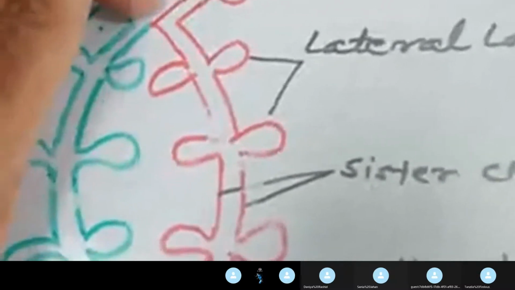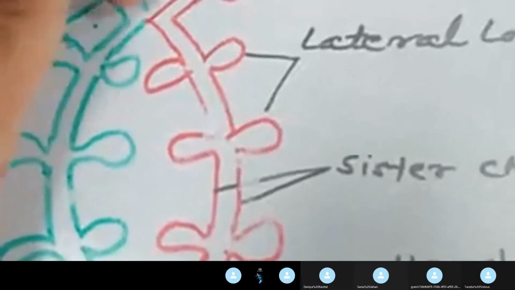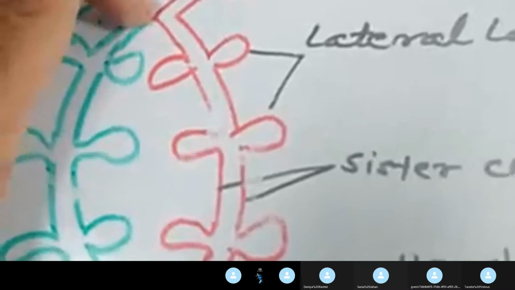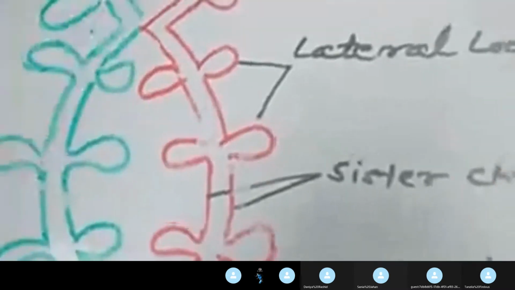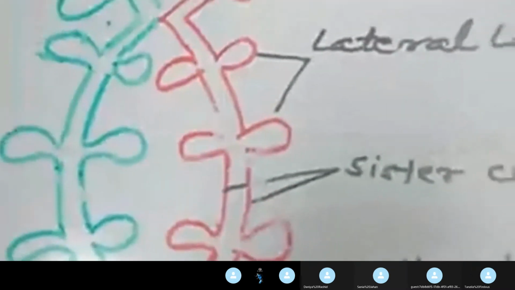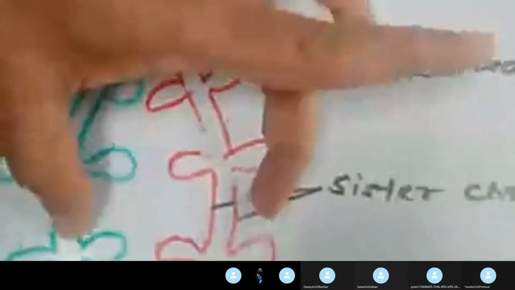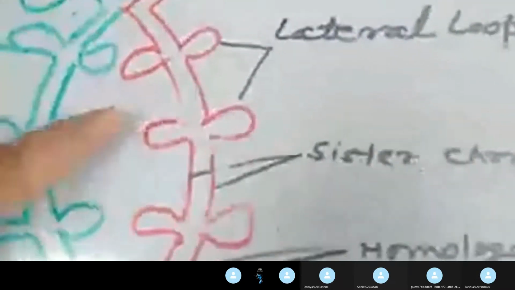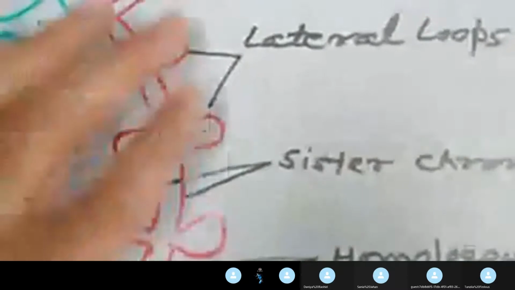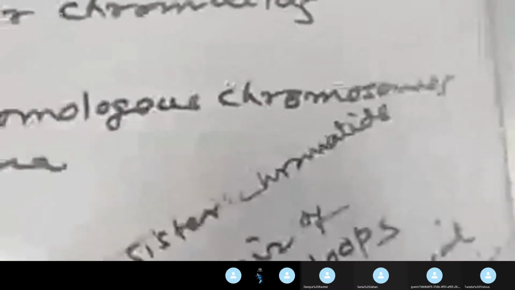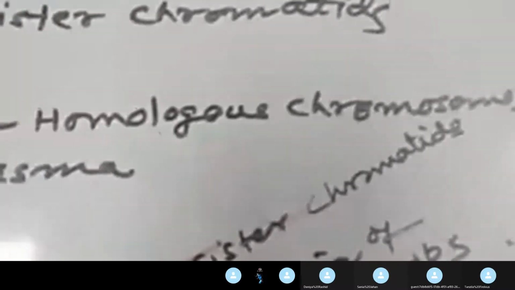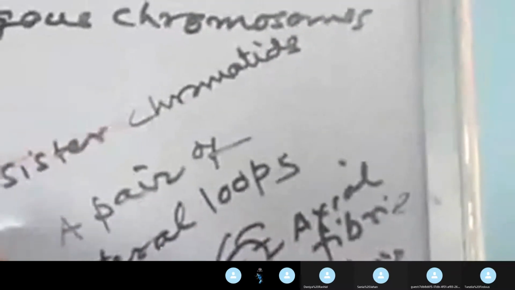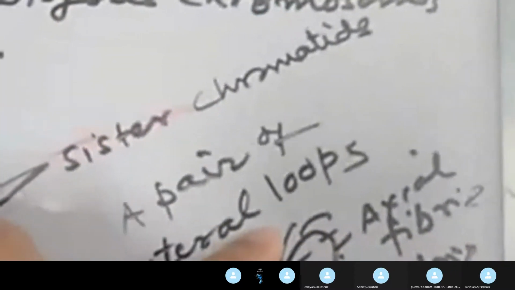I have shown here only a very small part of the lampbrush chromosome. It is very large, about 1000 micron in length and 20 micron in width. So this is the loop, and these loops are reabsorbed as soon as the purpose is served. The loop consists of DNA, axial fiber and the matrix, and these structures show the mRNA.